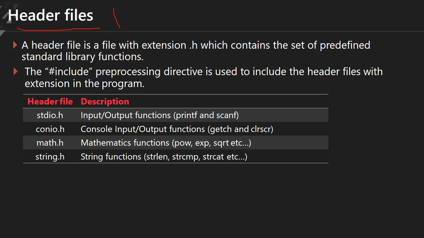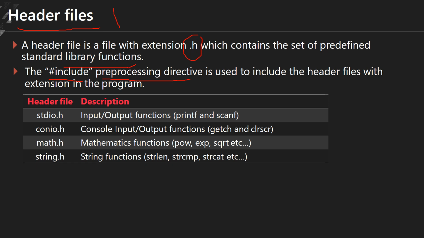A header file is a file with the extension .h which contains a set of predefined standard library functions. These are predefined and incorporated in the compiler itself. Whenever you want them, you can use those libraries by using the include directive, which is called a preprocessor directive, right?